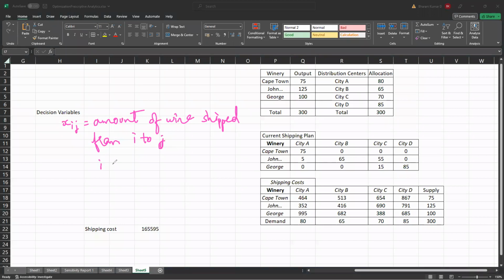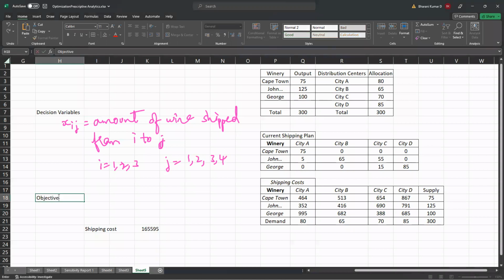How many i do you have? 1, 2, 3. How many j do you have? 4 cities: 1, 2, 3, 4. And you have an objective function. The objective function here is to minimize the cost.